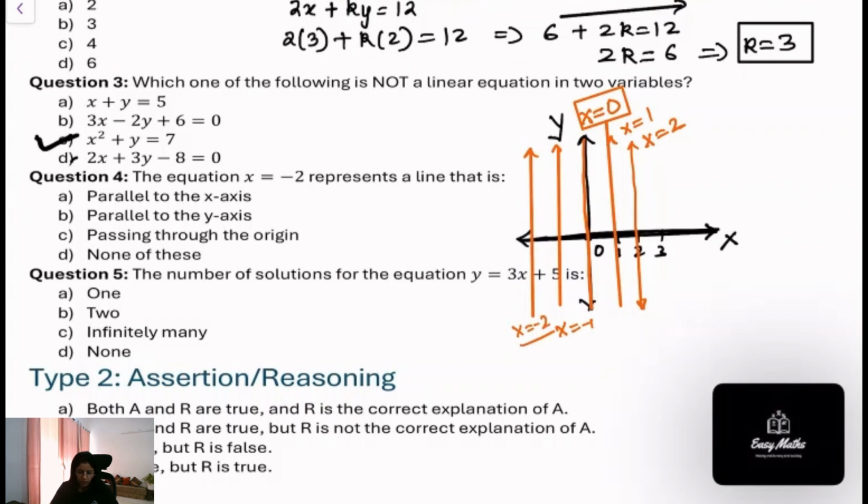So now the question: the equation x is equal to minus 2 represents a line that is parallel to the y axis. Now how to remember this? The equation of the y axis is x is equal to 0. So x is equal to minus 2 will always be parallel to it. Okay, moving on to the next.